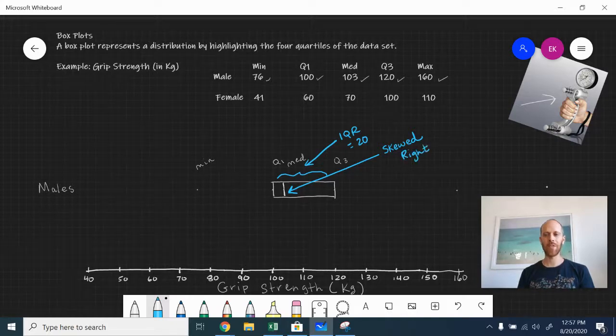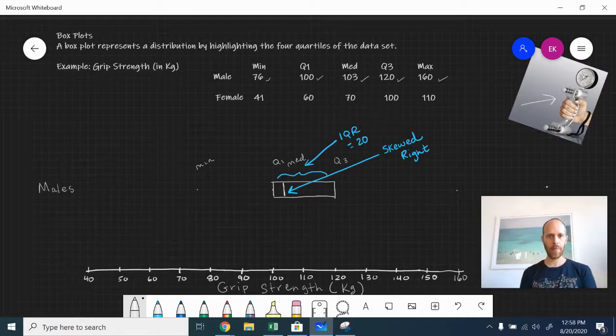You can kind of picture that if we made a histogram, it would be really tall right here, and this right here would be sort of like the tail. So if your median is way to the left inside the box, that tells you that it's skewed right. All right, so here's 25%, here's 25%.